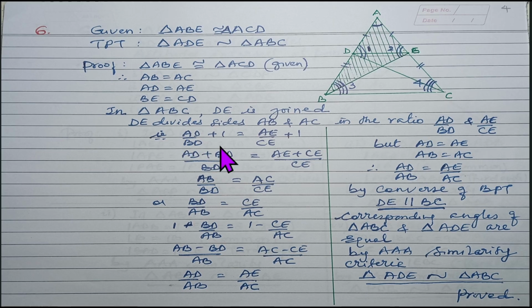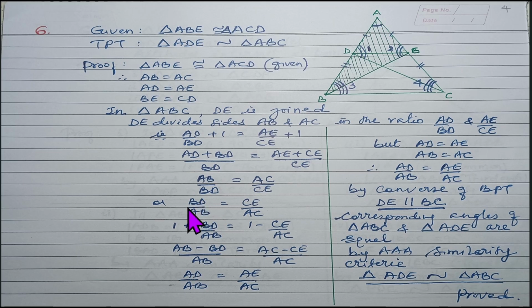Therefore, adding 1, AD by BD plus 1 is equal to AE by CE plus 1. Taking the LCM, AD plus BD by BD is equal to AE plus CE by CE. Now AD plus BD is AB, so AB by BD, and AE plus CE is AC, so AC by CE.